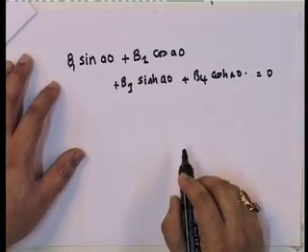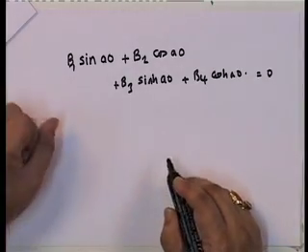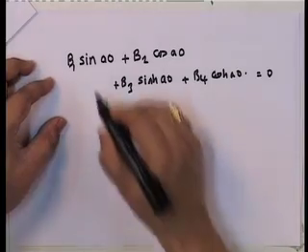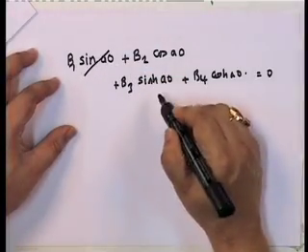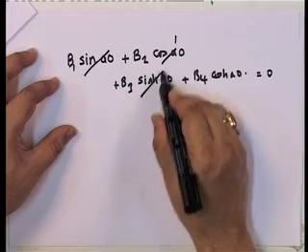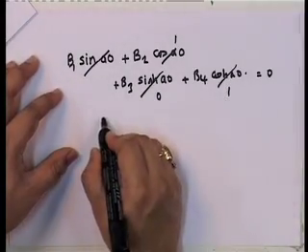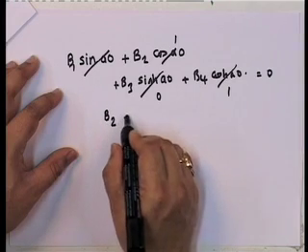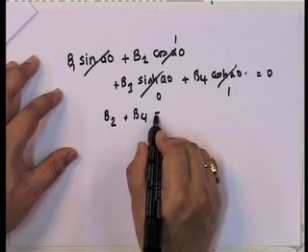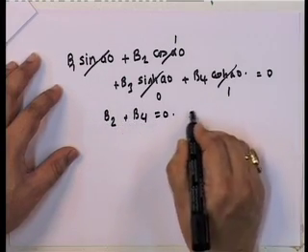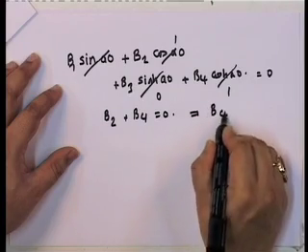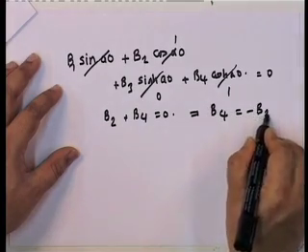This we know from the first boundary condition, which is phi 0 equal to 0. Now, note that this is equal to 0, this is equal to 1, this is equal to 0, and this is equal to 1. So, basically what we get from this is that B2 plus B4 is equal to 0, and this implies that B4 is equal to minus B2.